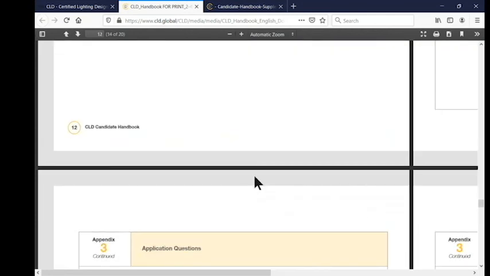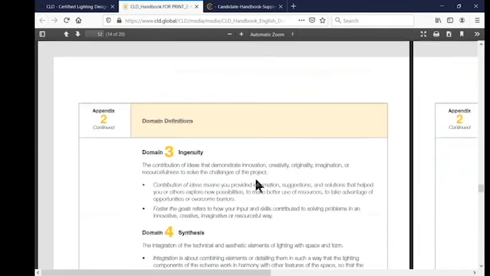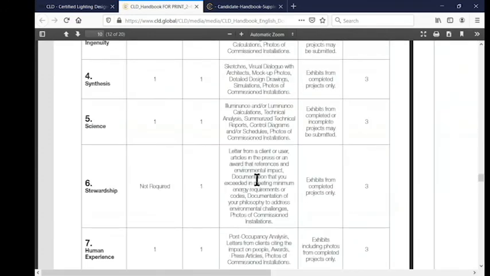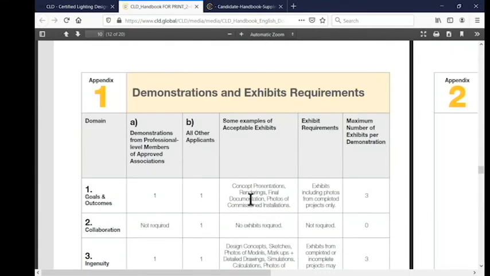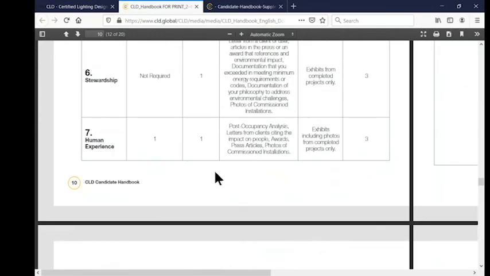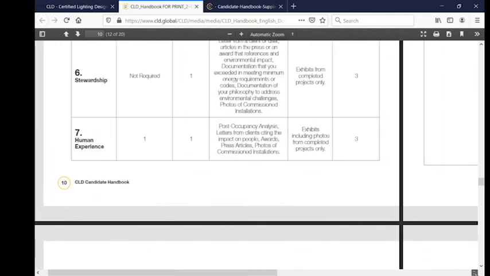Obviously, all examples. But you can see that Peter's scrolling here, and he's getting to the definitions of the domains. Also, there's an appendix there that will give you exactly what you need. For example, under domain 1, you have to have photos of a completed project in there. That is a requirement.